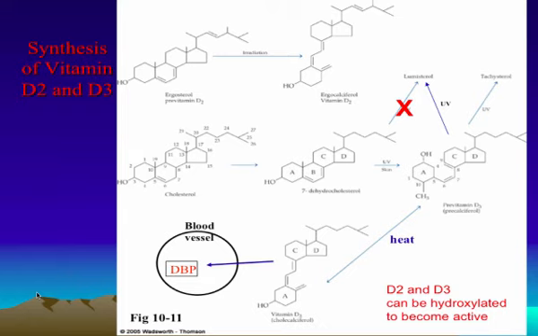Because of these molecules right here. These are protective pathways. Continued exposure to UV converts pre-vitamin D3 to lumisterol and tachysterol. Those are molecules that basically just stay in the skin or are eventually degraded. They don't become vitamin D. So there's no chance of vitamin D toxicity from getting too much sun.